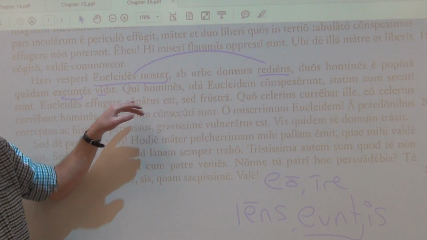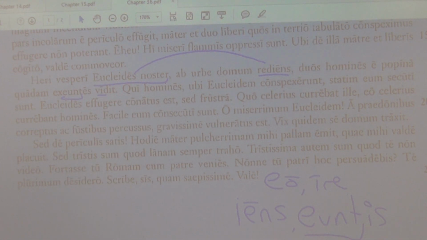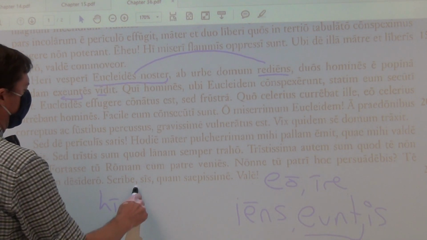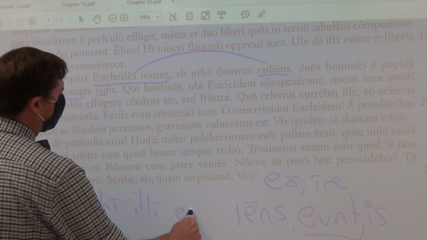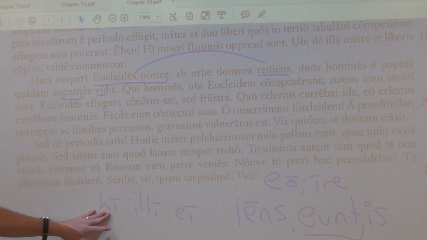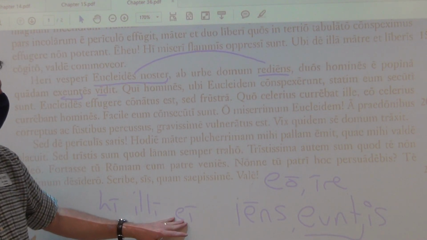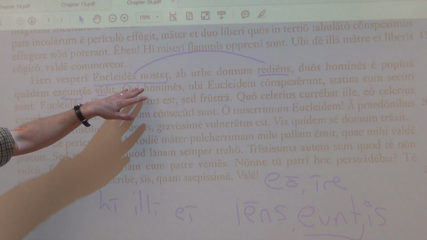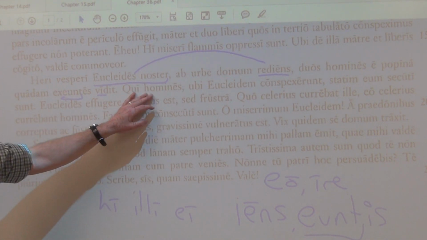Qui homines, which men? This is what we call a linking qui. Merely a word that really you don't have to say which. You could replace it with hic haec hoc, hi homines. You could replace it with ille illa illud, illi homines. You could replace it with is ea id. These men, those men, them the men, or they the men.